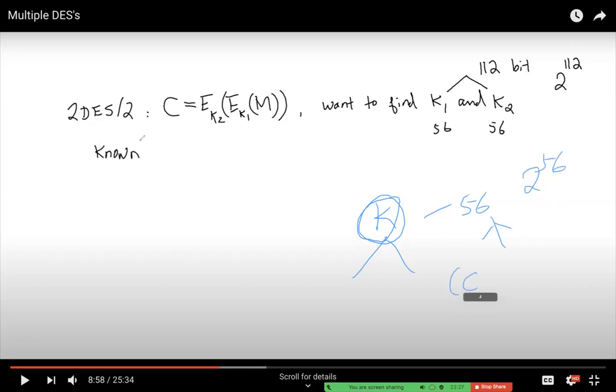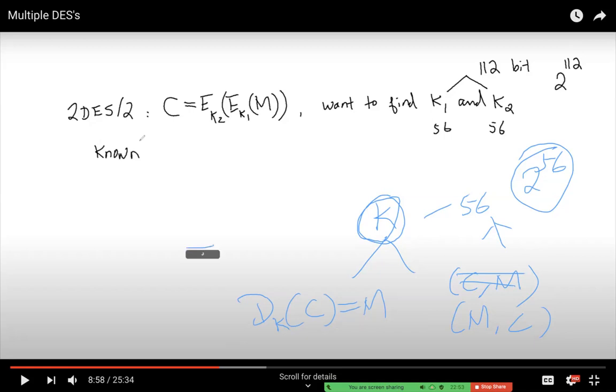Let's say somehow you get a pair M, C. This pair means a known ciphertext: I know C is a ciphertext of M. So you try all of these keys and apply them on C to see whether it's equal to M, or you can use encryption to see whether it's equal. If one of these keys makes it equal, that means you break the system. That makes sense?